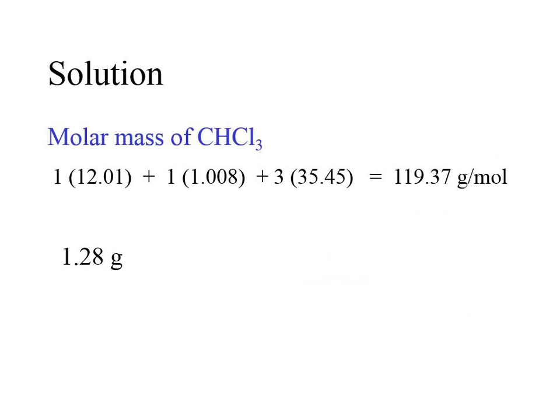The thing we want to convert is 1.28 grams. You could put grams CHCl3. I don't on my answer key, but you could. We want grams to cancel, so we use the flipped version: 1 mole CHCl3 over 119.37 grams of CHCl3. I don't really have to put the species because I only have 1 species here. So grams cancel, we're left with moles, we're done.